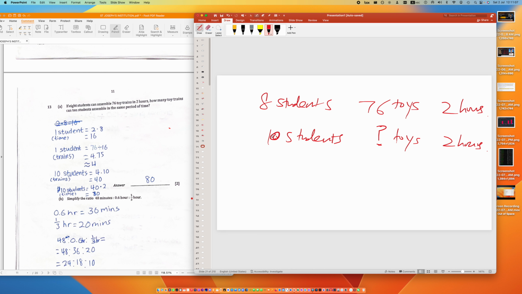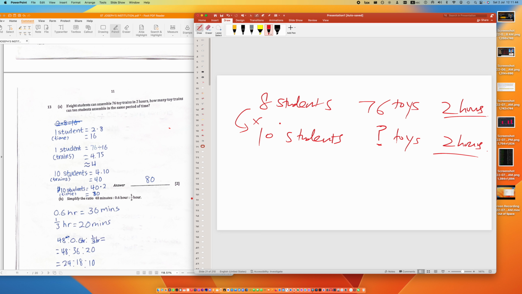What you need to be aware of is the time is the same, right? So your head count increased by how much? Your head count increased by a factor of, can you help me out, 10 divided by 8. Just give me a mixed number. 10 divided by 8 is 1 and 1 quarter.